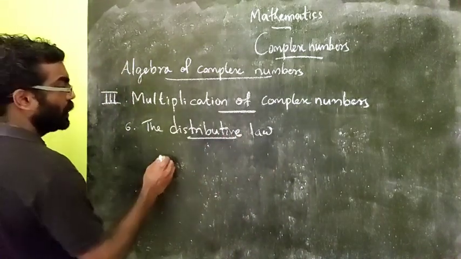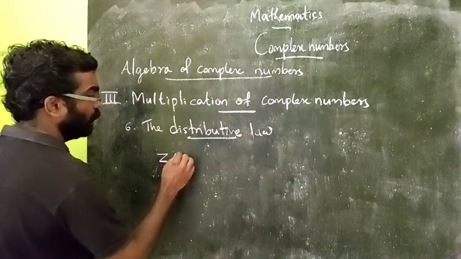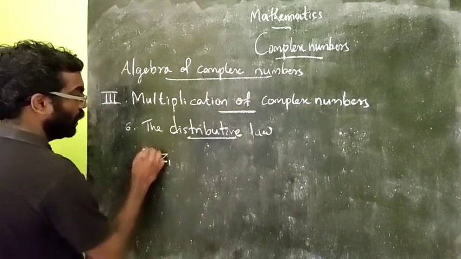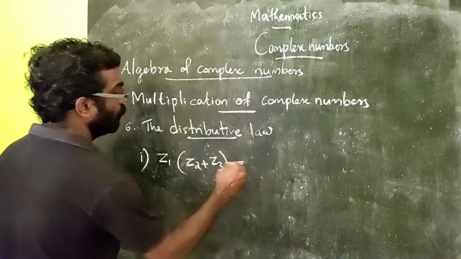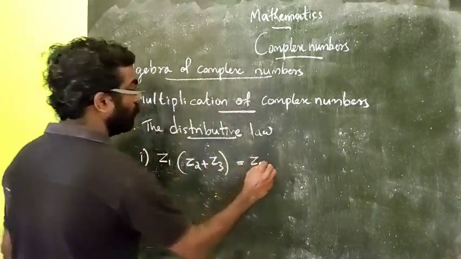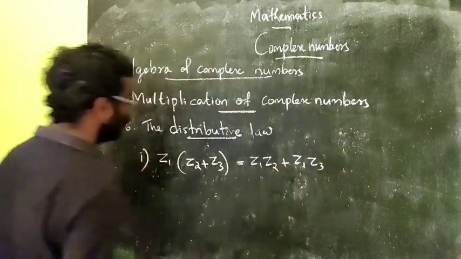So we take any three complex numbers Z1, Z2 and Z3. We can write Z1 into (Z2 plus Z3) will be equal to Z1Z2 plus Z1Z3.